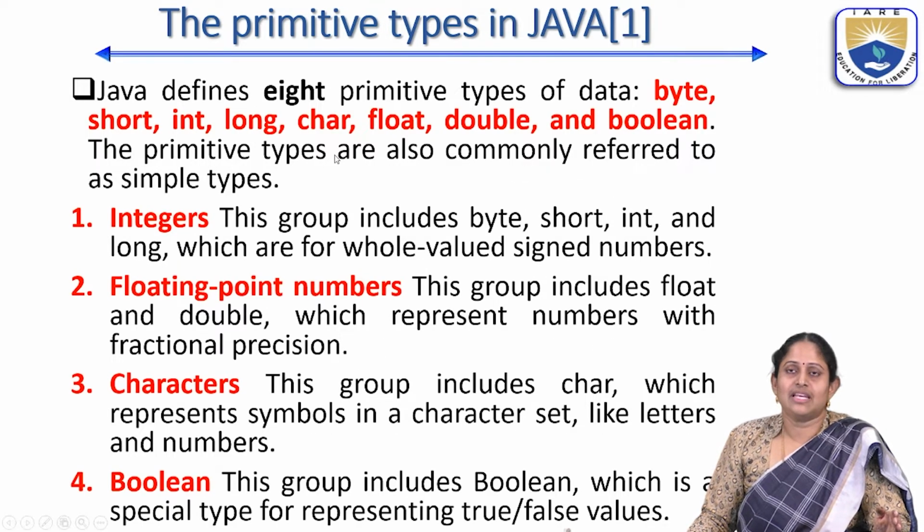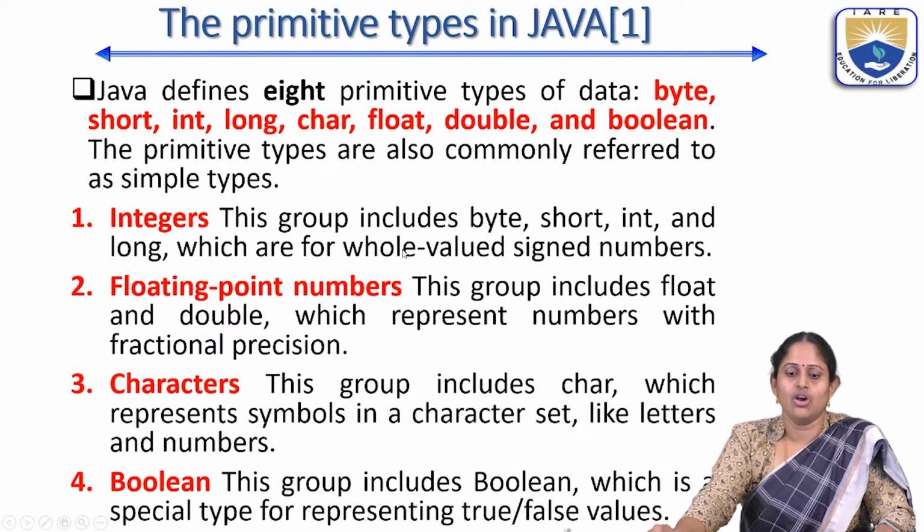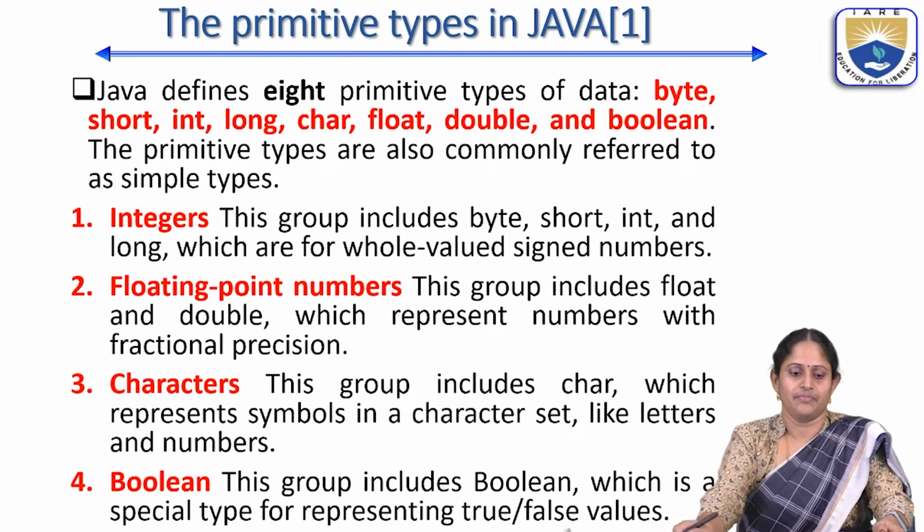Now there are 8 different primitive data types in Java. They are classified into integers, floating point numbers, characters, and Boolean. Under integers we have byte, short, int, and long, which are mainly used for whole valued signed numbers.